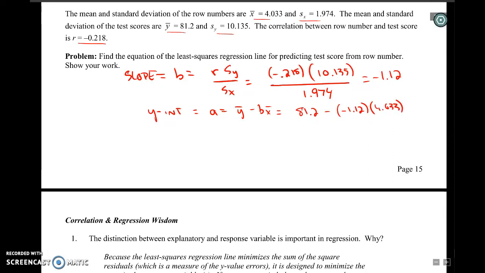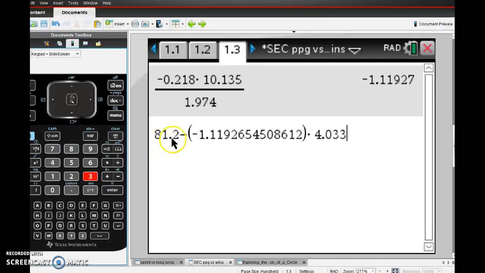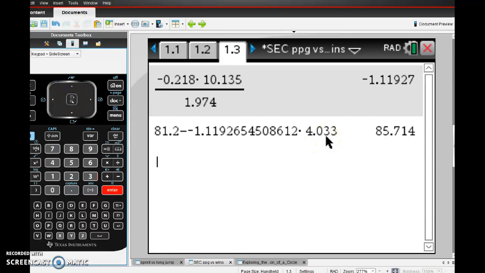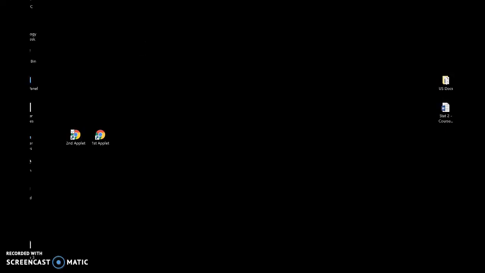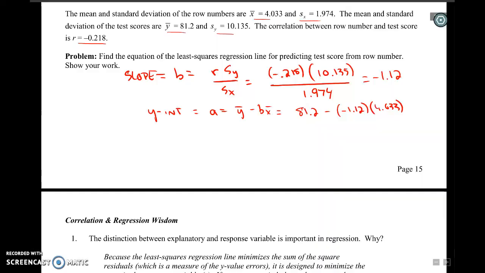Put this in my calculator. Hold on a sec. All right, so y bar minus my slope times the x bar is 85.7. So there's my slope, there's my y-intercept.